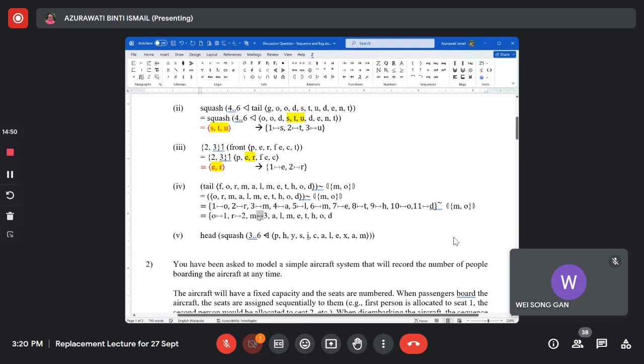Let me put in these values. If I put a wrong number, you let me know.